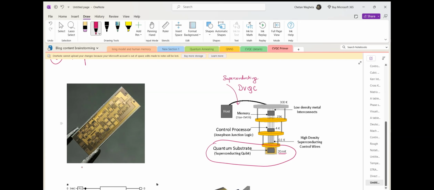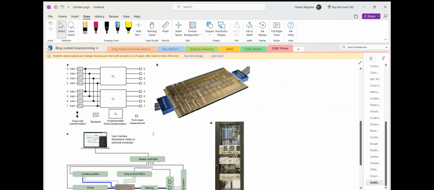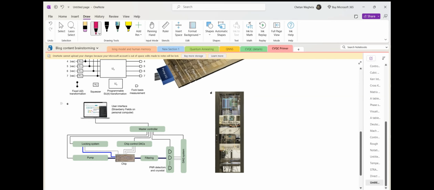But now let us see on this left hand side. This is the chip X8, which is developed by Xanadu, and it does the continuous variable quantum computing tasks. Now, if you look at this physical architecture, you will see that there is no cryogenics involved in functioning these systems.